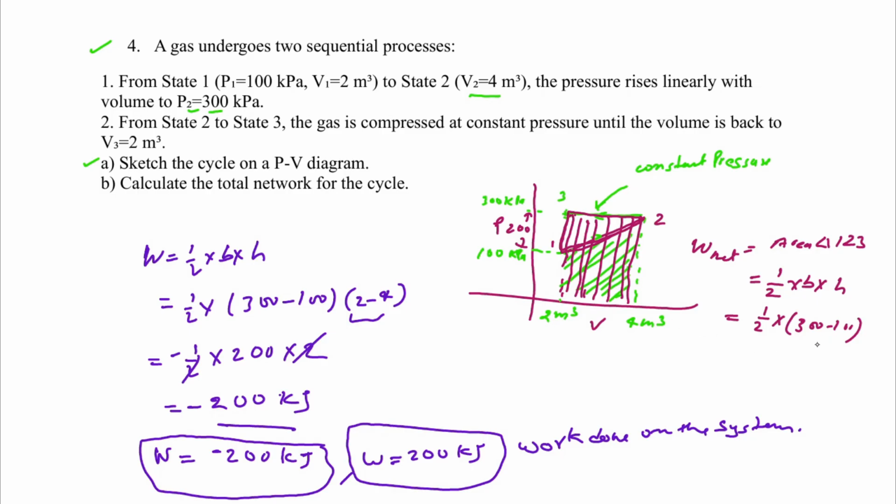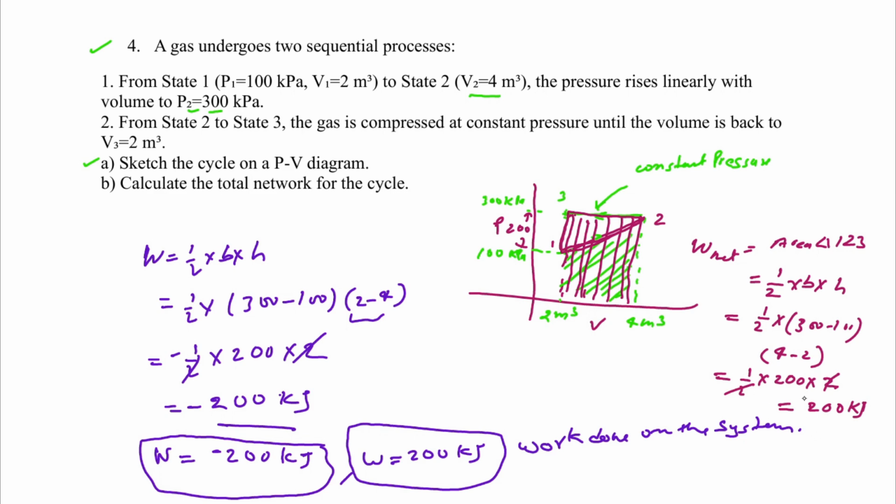The height is the volume, 4 minus 2, so 1 by 2 into 200 into 2. The 2 cancels out, so we get 200, and this is in kilopascal times meter cube, so 200 kilojoule. This is the net work done during this process.